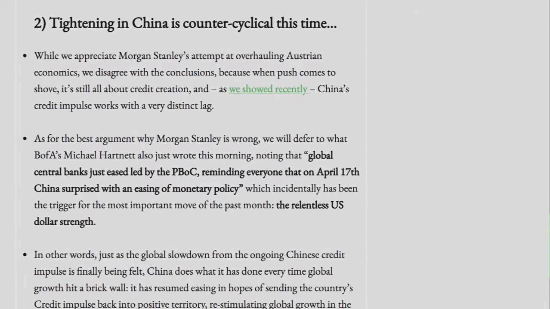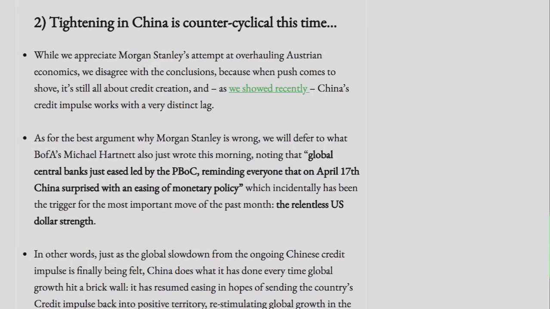While we appreciate Morgan Stanley's attempt at overhauling Austrian economics, we disagree with the conclusions because when push comes to shove, it's still all about credit creation and, as we showed recently, China's credit impulse works with a very distinct lag.